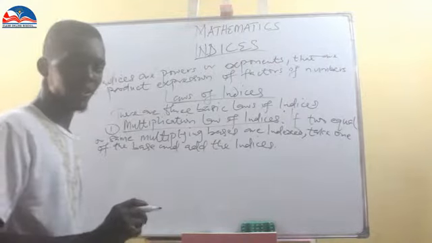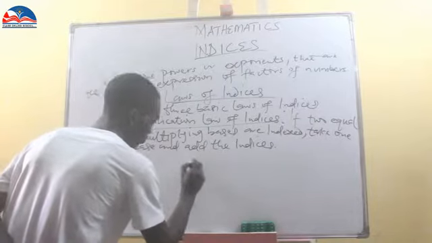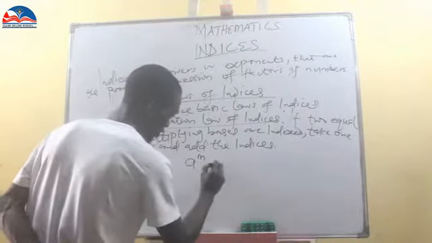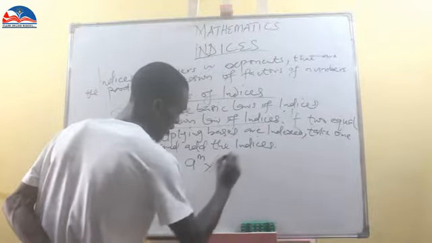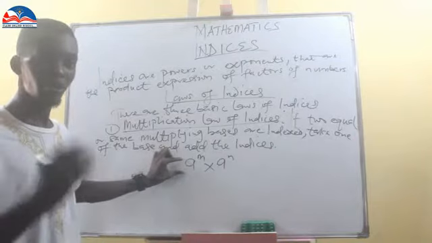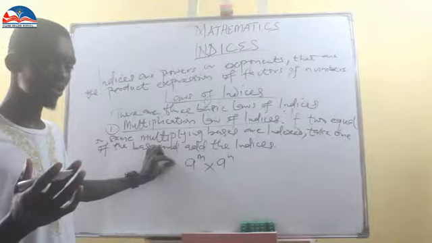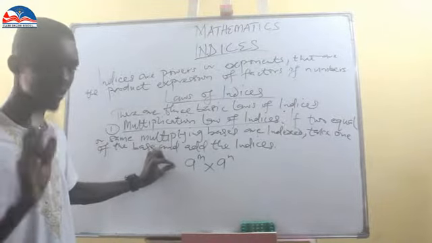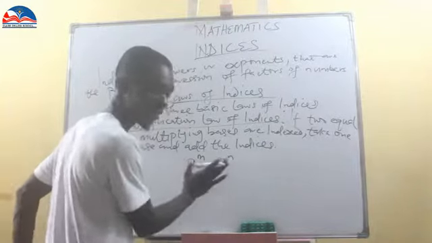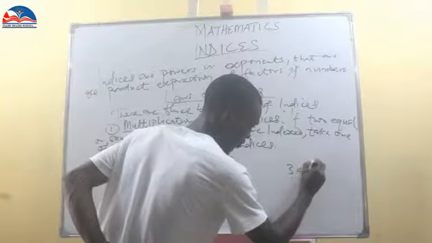Now, what do I mean by base? Watch. If you have A index M times A index N, this is what I mean by base. Sometimes I might have a number close here, and that number is the coefficient. For instance, let's say we have 3A index 4.